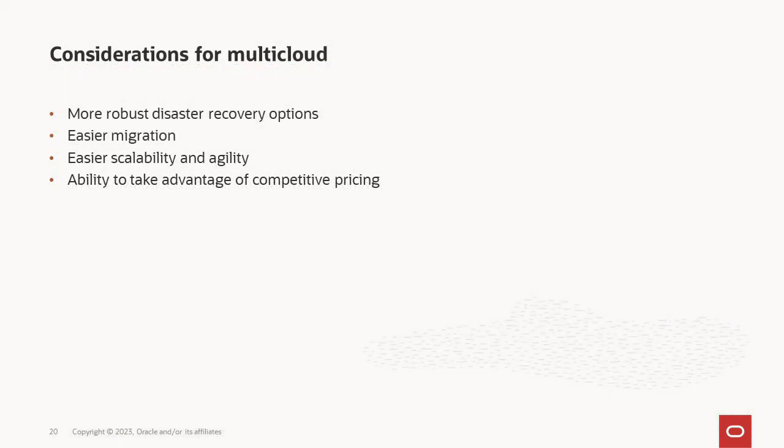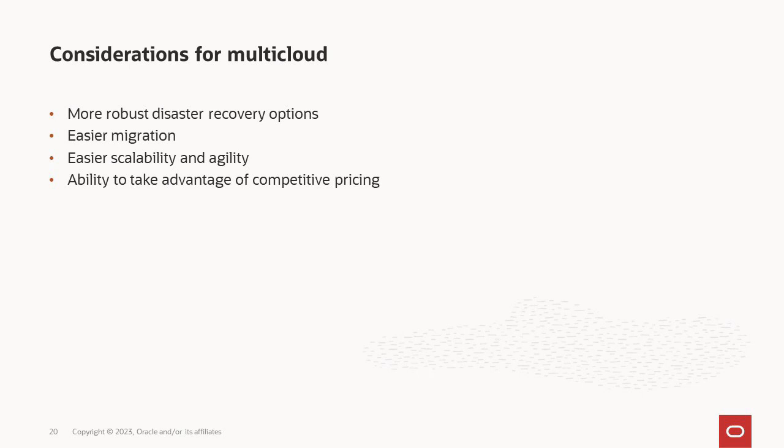So the idea here is when you go there, you have more robust disaster recovery options. You have an easier migration from one cloud to another, to another, to another. You can use Terraform, change the variables. You keep the overall architecture. That's easier said than done, but changing the variables, that is, to fit the respective methodologies that the respective clouds have, but it's possible.